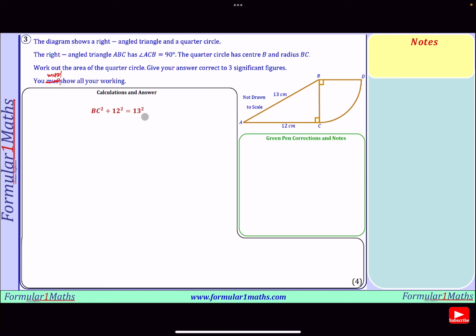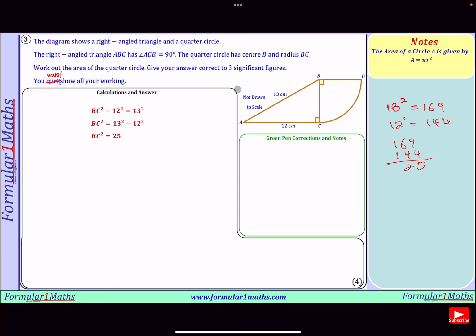If you solve for BC squared, you're going to get BC squared is equal to 13 squared minus 12 squared, and that gives you 25, because 13 squared is equal to 169, and 12 squared is equal to 144. If you take it away, you get 25. And so that's why we got 25 here.